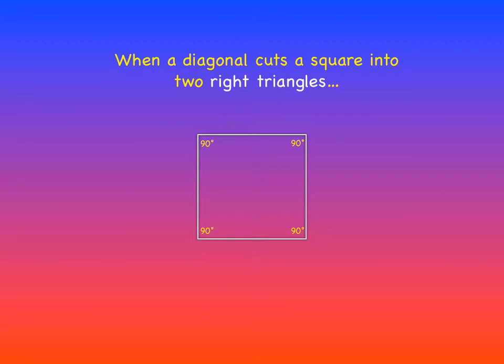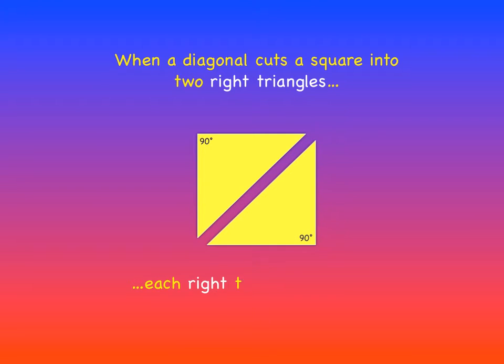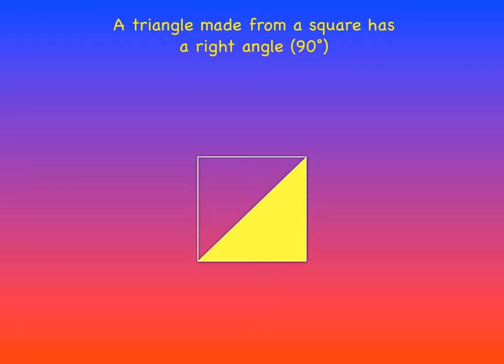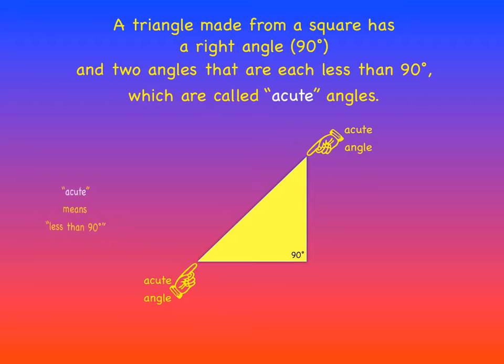When a diagonal cuts a square into two right triangles, each right triangle contains a right angle, 90 degrees. A triangle made from a square has a right angle and two angles that are each less than 90 degrees. There they are, which are called acute angles. Acute means less than 90 degrees.